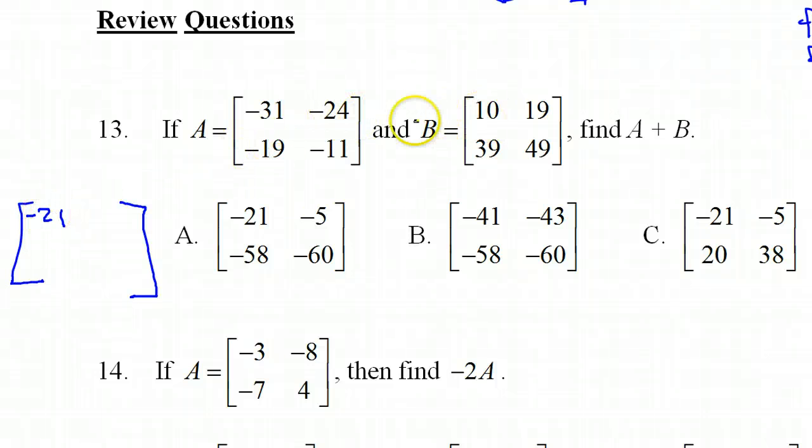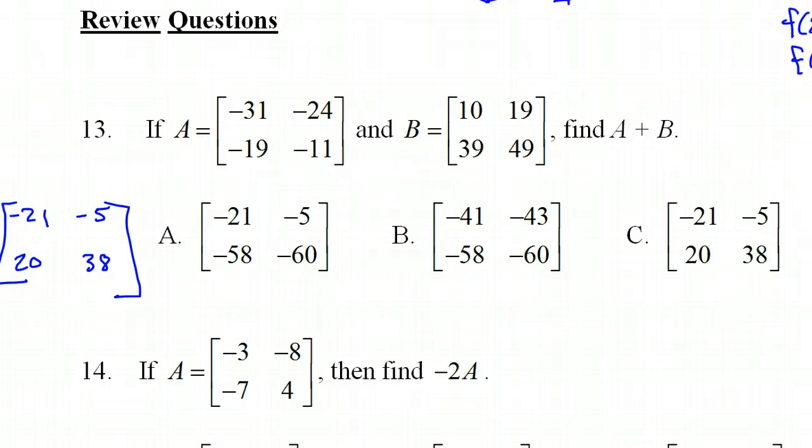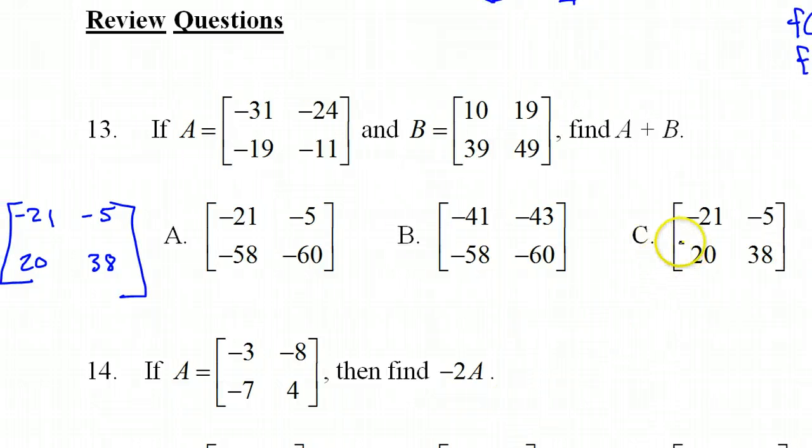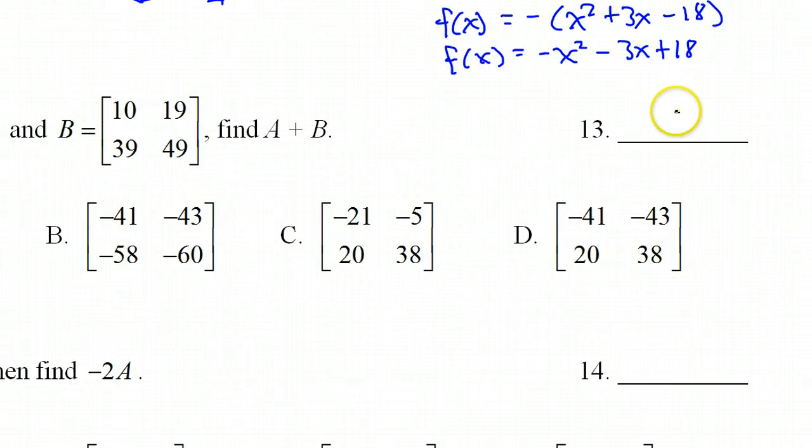Negative 24 plus 9, and so on. So we get negative 5, 20, and 38 by adding each pair of corresponding elements. So then you just look for which one of these is the answer, and I see that it is C, is the one that matches. So the answer to 13 is in fact C.